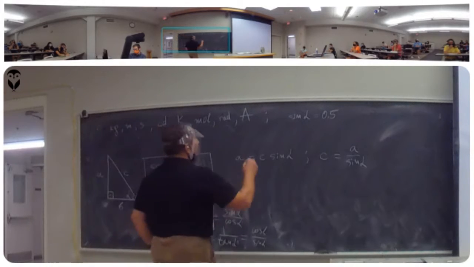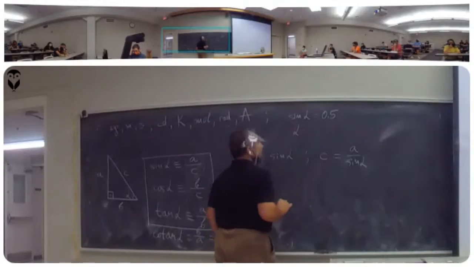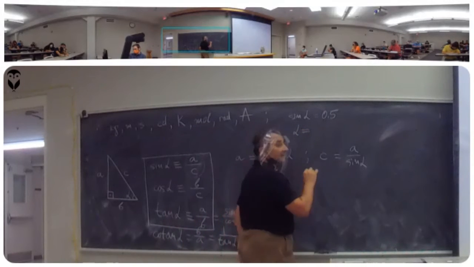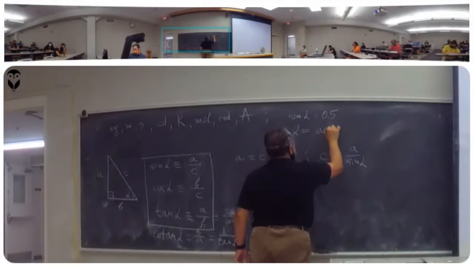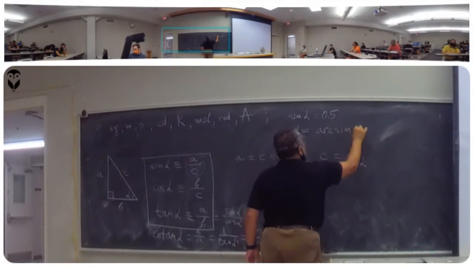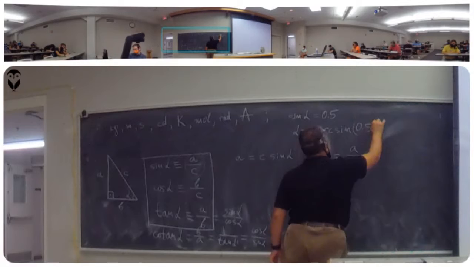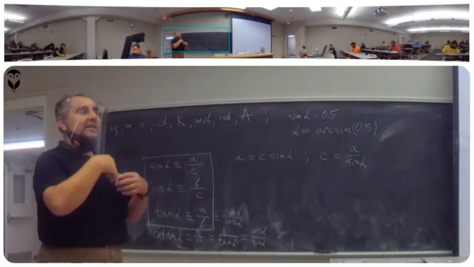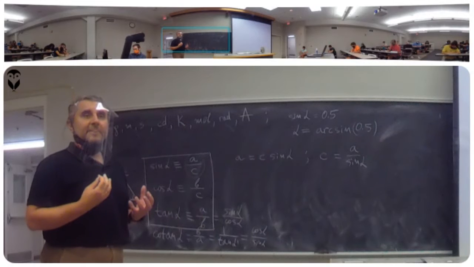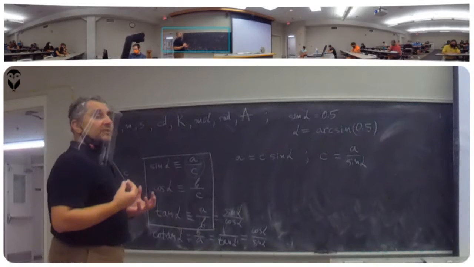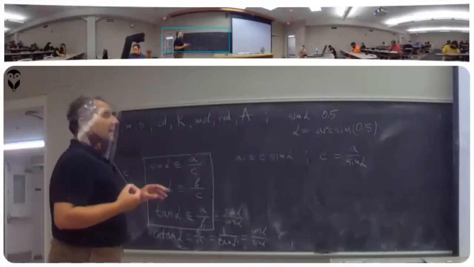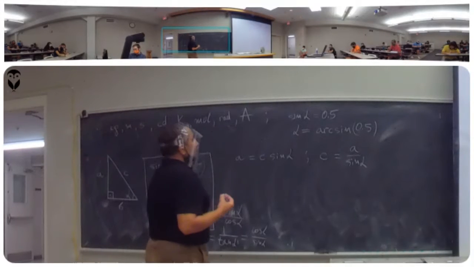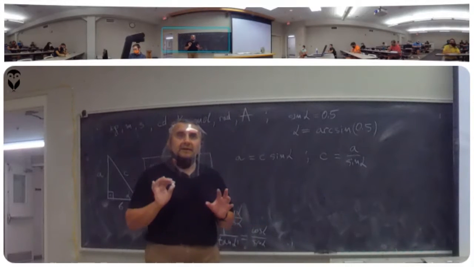In that case, you say the angle alpha that has this particular value is the inverse sine, or arc sine, of 0.5. So arc sine is the expression of the function inverse to the sine function. If you plug it into your calculator, well, calculators are a tricky thing.